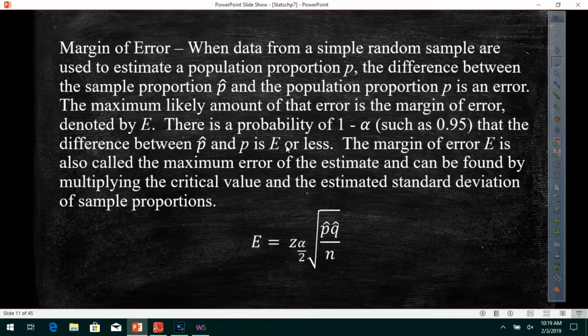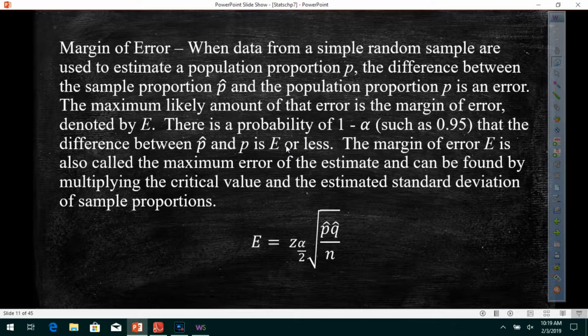Margin of error. When data from a simple random sample are used to estimate a population proportion p, the difference between the sample proportion p hat and the population proportion p is an error.